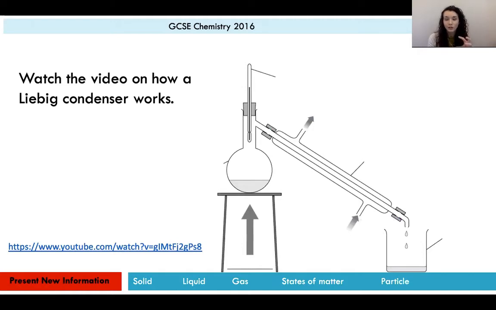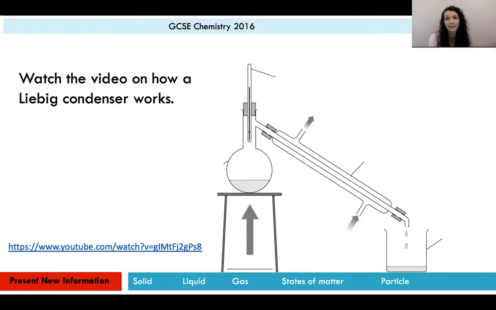But what I would like you to do first of all is pause the video and have a go at sketching out this set of apparatus that we call a Liebig condenser. Okay, if you have a ruler and a pencil, then it would be really great to use those, because then it would be a nice neat diagram of the Liebig condenser apparatus.